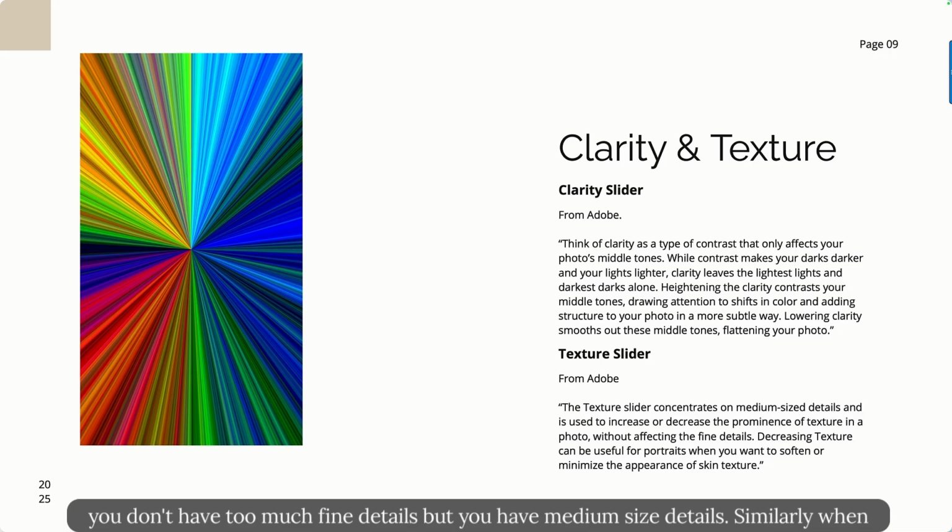Similarly, when you want to soften a person's facial texture, you will reduce the texture. If you want to enhance the texture, you will increase the texture. You might increase the texture on a man's face, but reduce the texture on a woman's face.